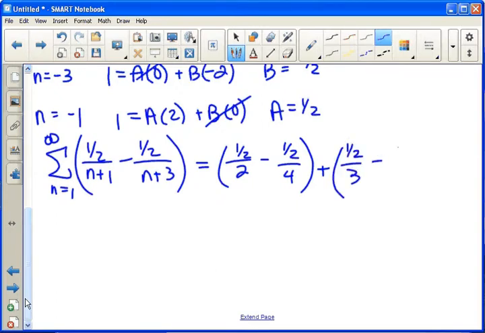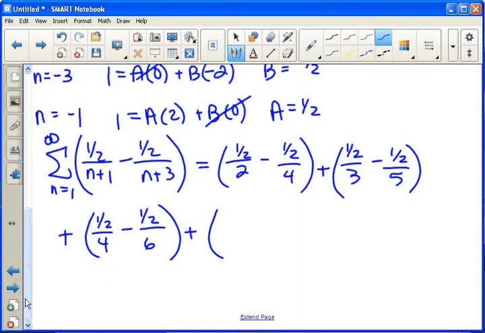Plus, now I plug in 3, 1/2 over 4 minus 1/2 over 6. Plus, now I plug in 4, 1/2 over 5 minus 1/2 over 7. Now we plug in 5, 1/2 over 6 minus 1/2 over 8. And I think that's far enough.